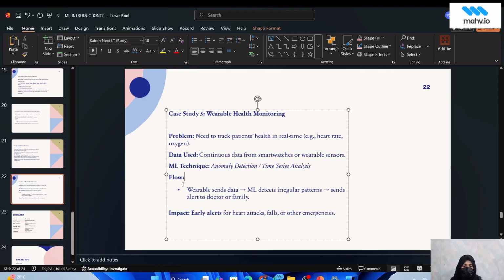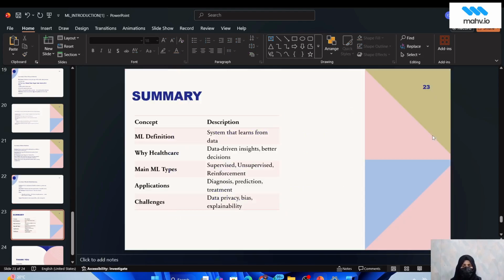The wearable sends data, then ML detects irregular patterns by applying that technique and sends an alert to the doctor or family. What is the impact? Early alerts for heart attacks, falls, or other emergencies. So these are just case studies of ML in healthcare.